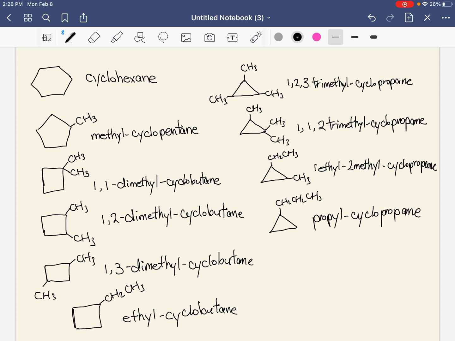I mean, the question is, really, are there any more? Man, my head hurts. Really hurts. Are there any more? Maybe. Who knows? But the point here is, you're going to have to think outside the box. When people say, give me all the isomers of C6H12, don't just think alkene.